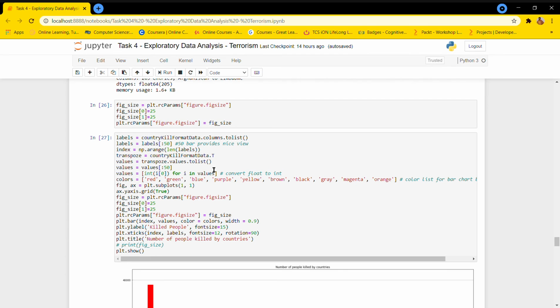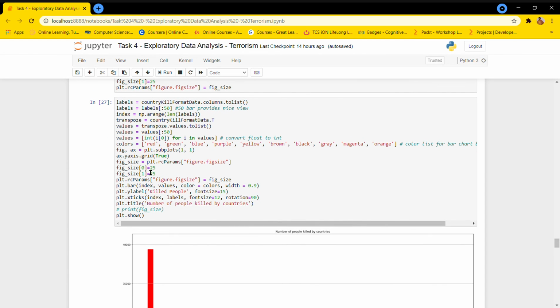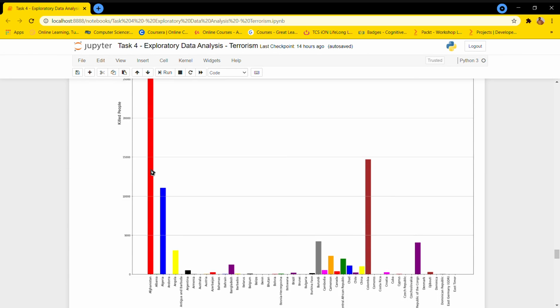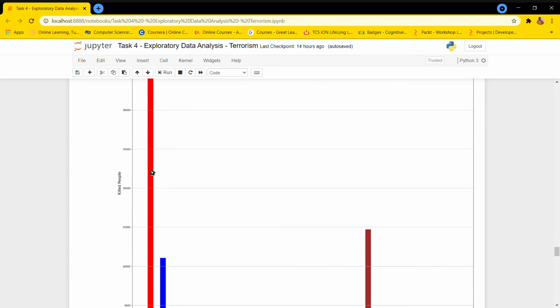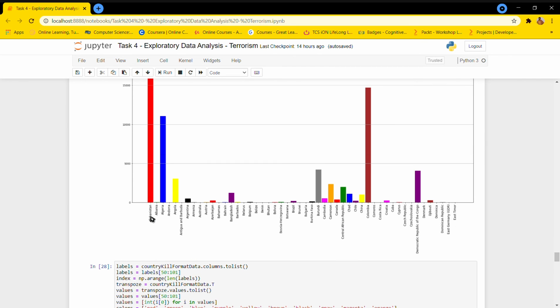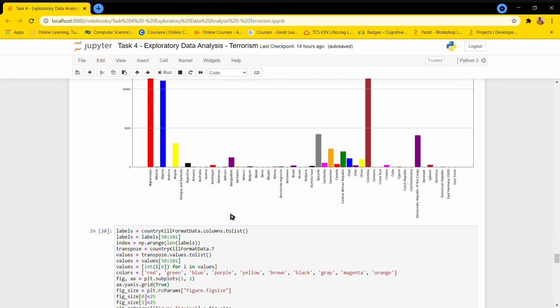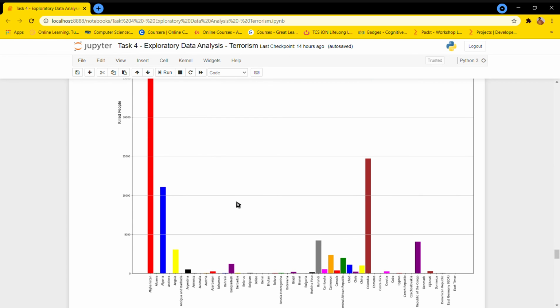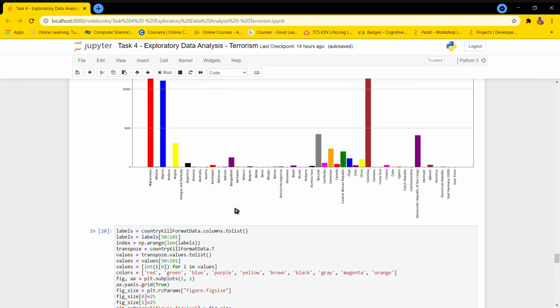Then I started finding the number of people killed by country. I plotted a graph between killed people and the number of people killed in a country. So here each and every country is shown. You can check this: China, Chile, Chad, and this graph shows how many people were killed by terror attacks in these countries.